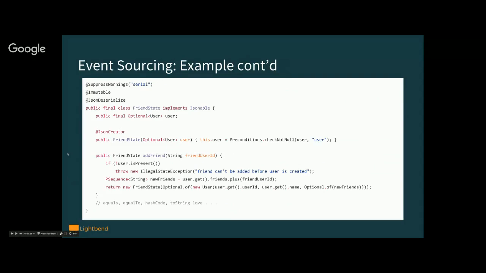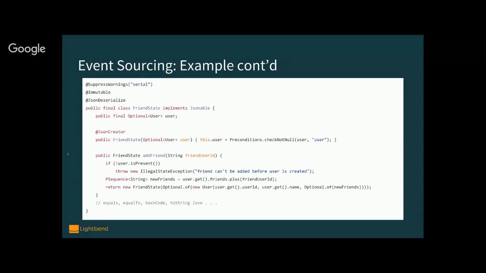Now we have where we're actually going to add the friend. And so the idea here is if the user is not present, meaning that the user does not exist, and for some reason this entity receives a request to add a friend to a user that does not exist, then we're going to throw an exception.